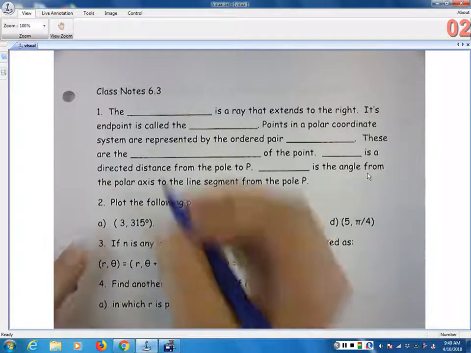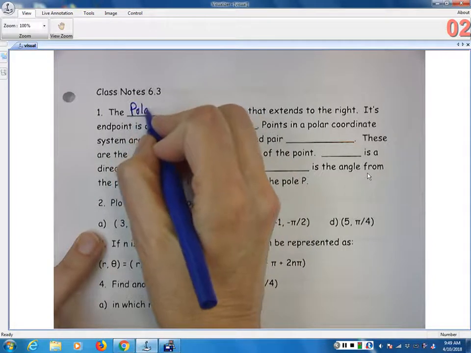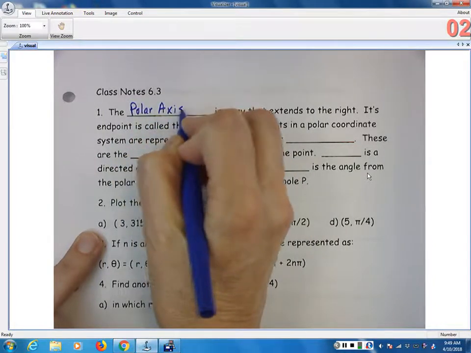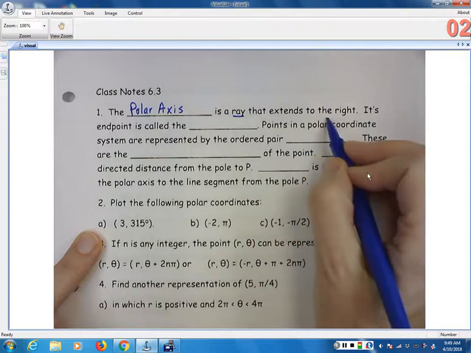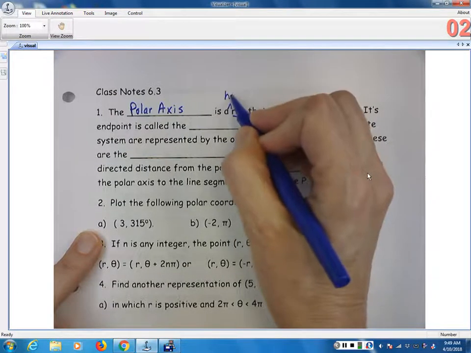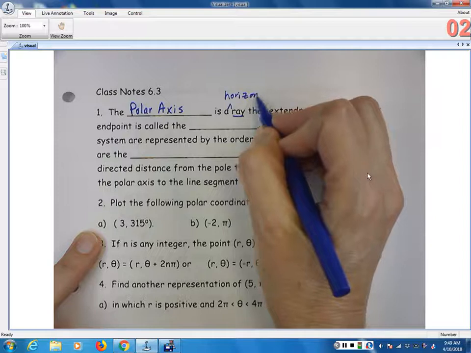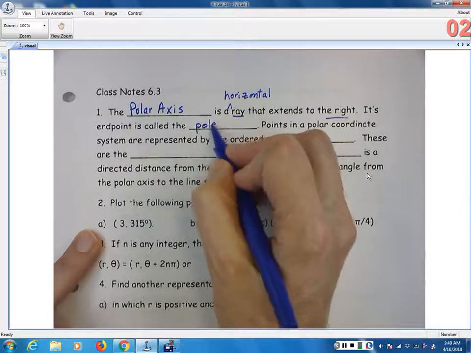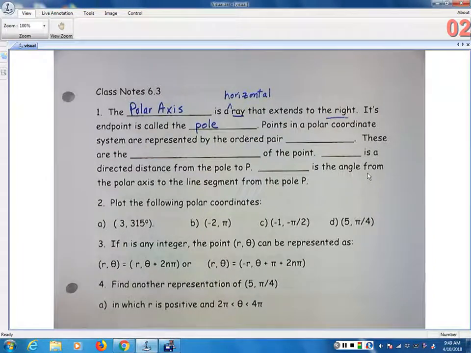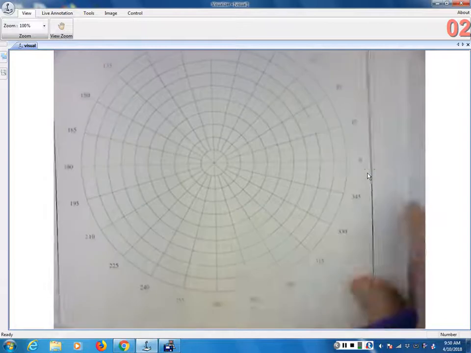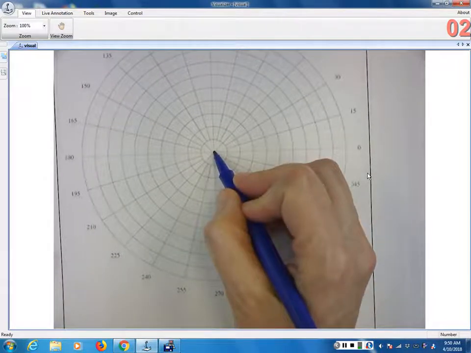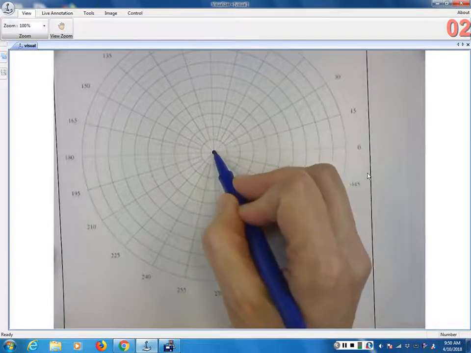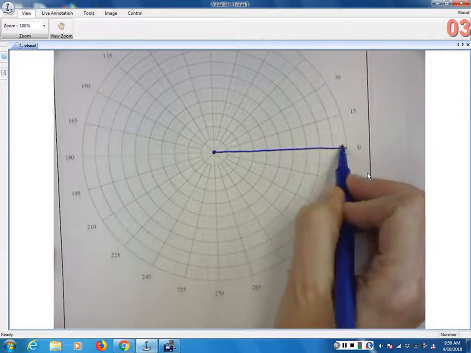So the polar axis, you've got to define the polar axis, is a ray that extends to the right. It's a horizontal ray, and its endpoint is called the pole. The book is good, but if we start here, this is our polar axis.